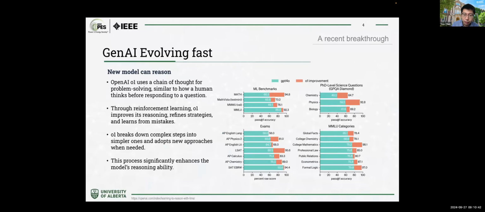In observation of such a fast-evolving OpenAI model, it is still giving more and more amazing capabilities. For instance, OpenAI O1, which was published 2 weeks ago. In this O1 model, OpenAI is highlighting the capability of chain of thought. Through reinforcement learning, the O1 model can improve a lot over the original GPT-4 or ChatGPT model in the abilities of reasoning, refining strategies, and learning from mistakes.